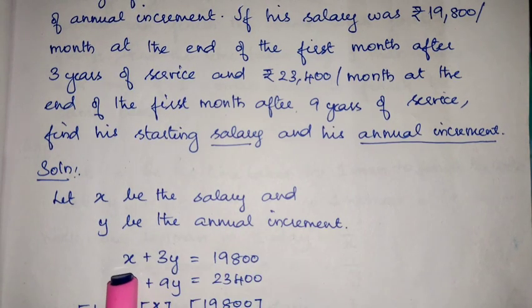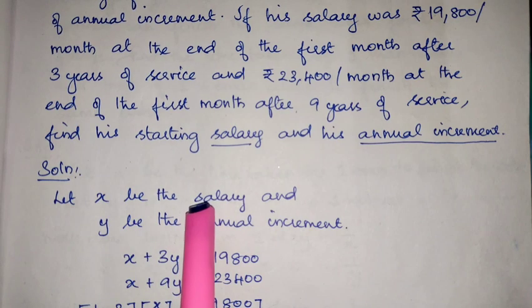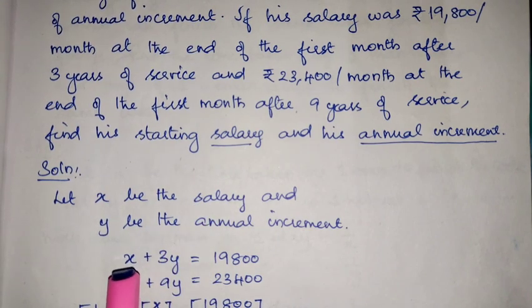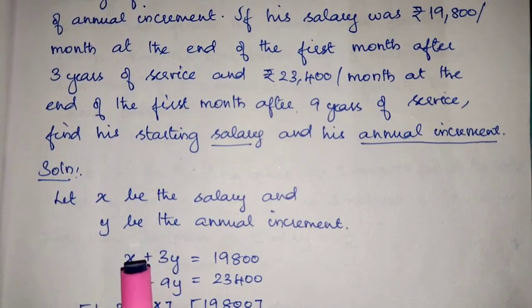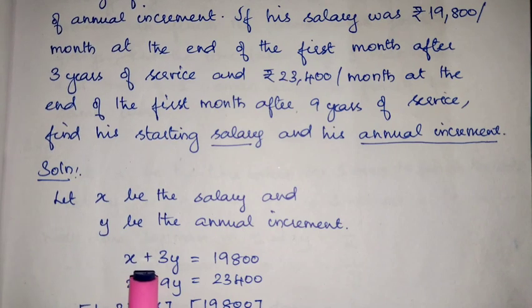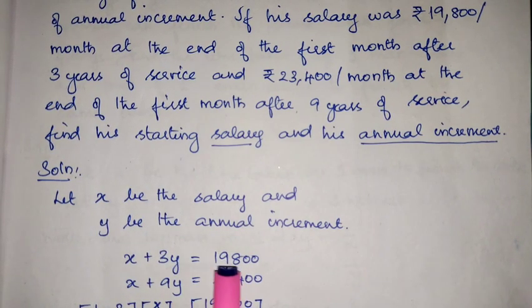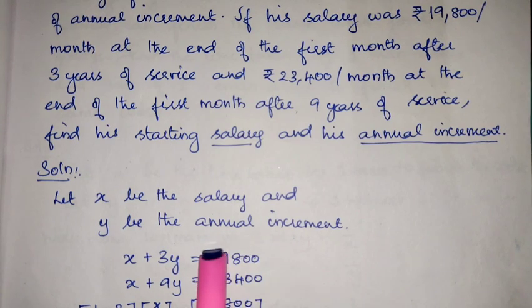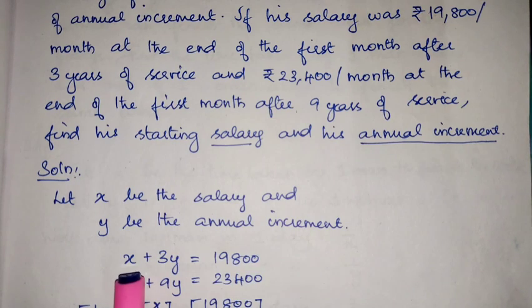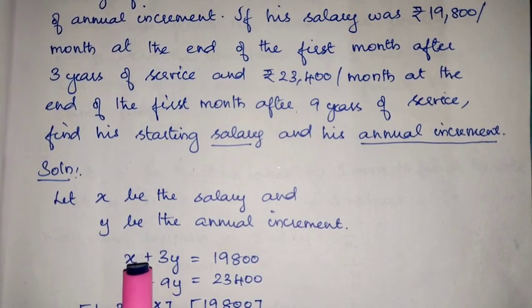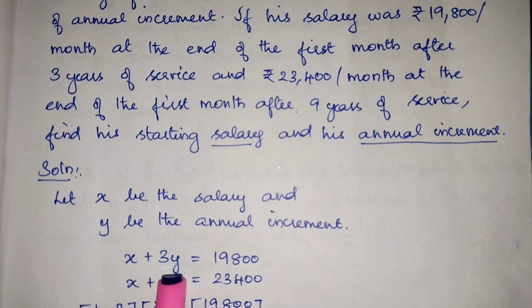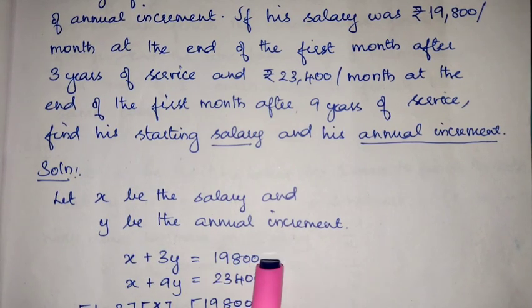The reason is x represents his starting salary, plus 3 years of his annual increment, so that this is the present salary he is getting. Can you understand? This is important. The starting salary plus 3 years of increment gives the present salary.